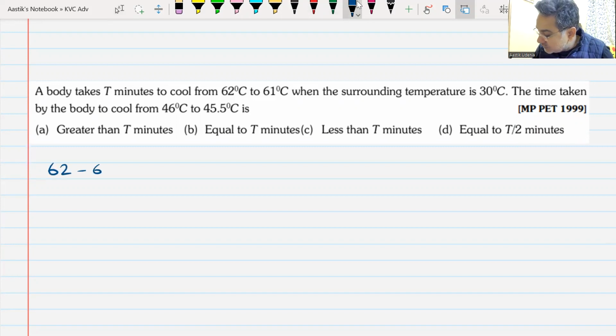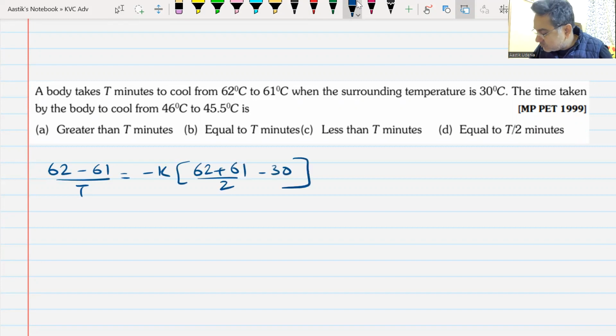62 minus 61 divided by T will be equal to minus K times (62 plus 61) divided by 2 minus 30.